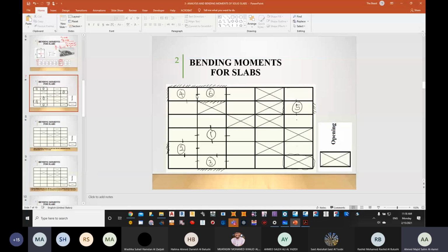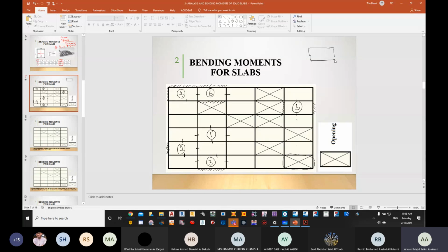Could you repeat 6, please? Yeah. Now number 6, if you see, this is number 6. Do we have on the top side any continuity, any slab? Any slab above number 6?